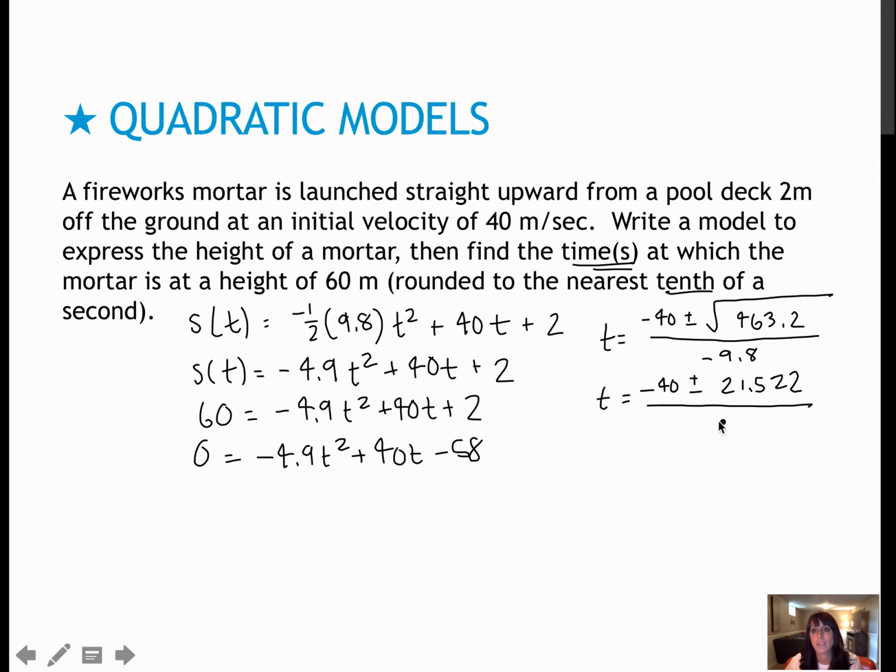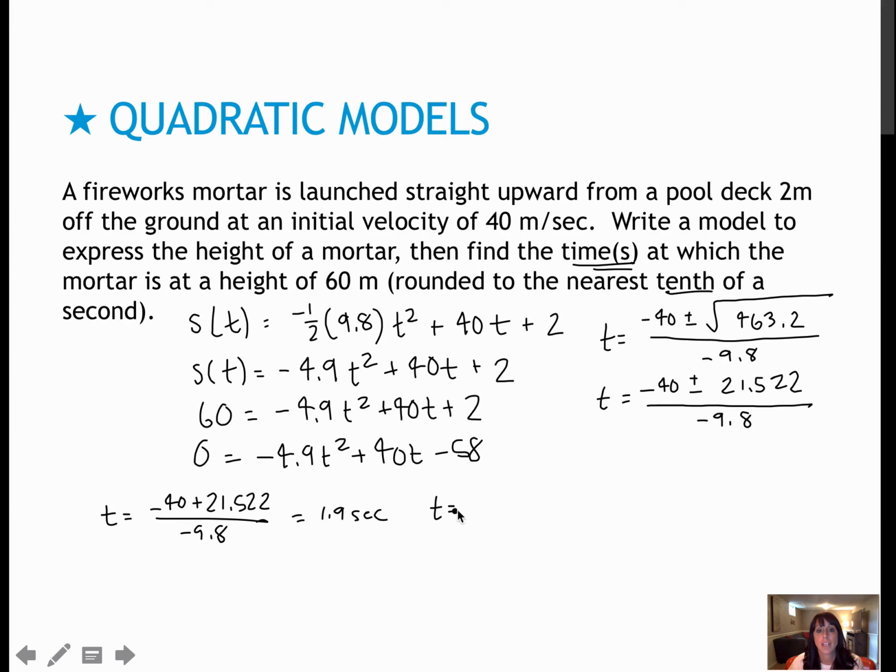So it's best to give yourself a little bit of extra, because then when we round at the end, it's a more exact answer. Now in this case, I am going to go ahead and then use my plus and my minus. So t equals -40 plus 21.522 divided by -9.8. And that value rounded to the nearest tenth, so now I am rounding to the nearest tenth, is 1.9 seconds.